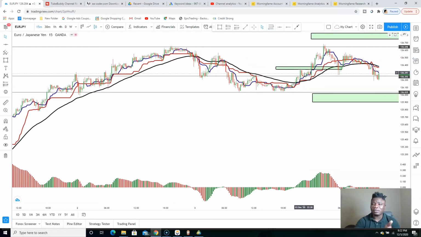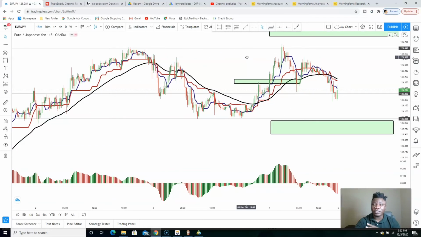You get in that trade and you get your 5-10 pips, or if you want to get more than 10 pips, you do. But if you set your take profit, you've got to use your zones as your take profit and also as your stop loss. So as we can see, this zone right here was a previous resistance zone, so your take profit would have been right there.